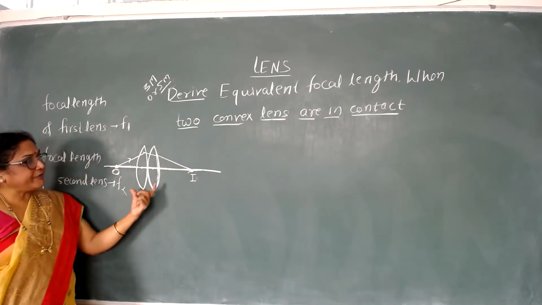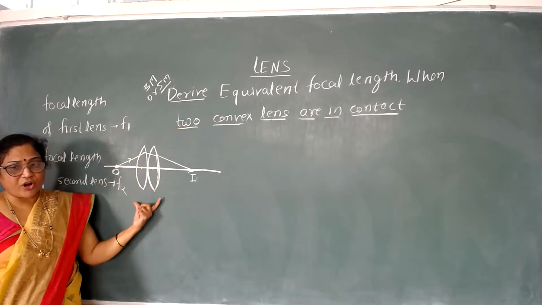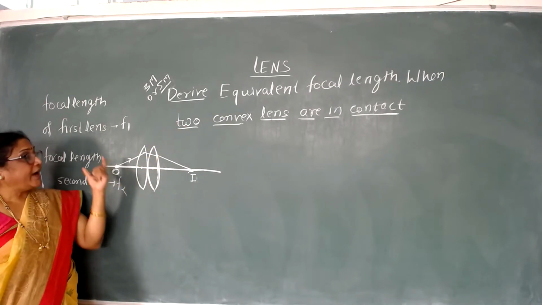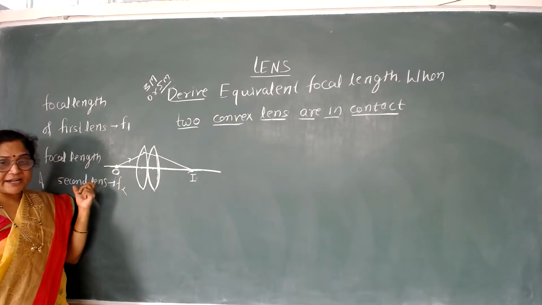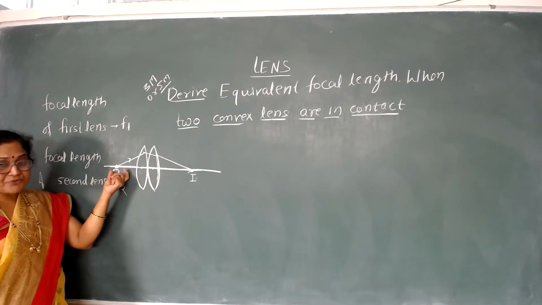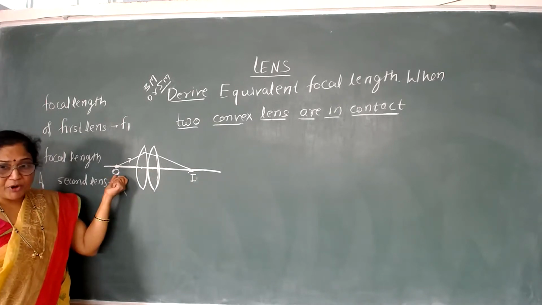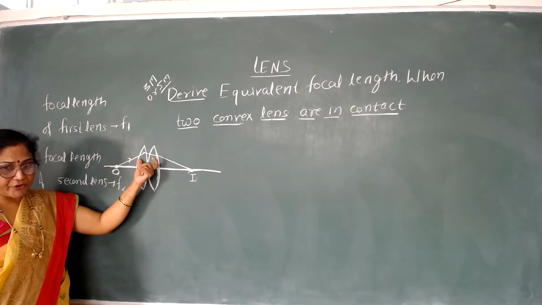So here, we consider two thin lenses in contact with each other. Both lenses are convex lenses, and the focal length of the first lens is f1 and the focal length of the second lens is f2. If the object is situated on the principal axis, and this is a point object, from the point object a number of light rays are propagated.